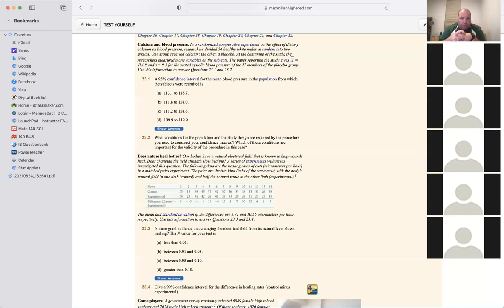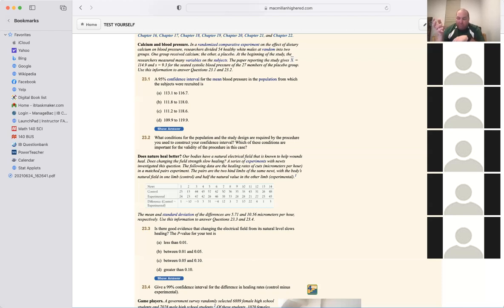Now, we're checking to see whether or not you can slow the healing. If you slow the healing down, what should happen? Do you get more micrometers per hour or less micrometers per hour of healing? Less. So the difference, control minus experimental, should be positive.